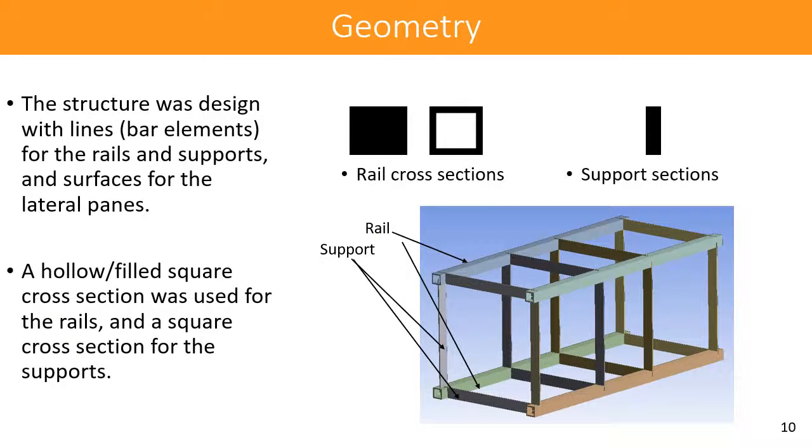For the frame, I decided to go with two cross sections. First I created a line frame, and then I imposed cross sections. For the rails, I went with squares because it needs to meet the deployer requirements, which is 8 by 8 square.